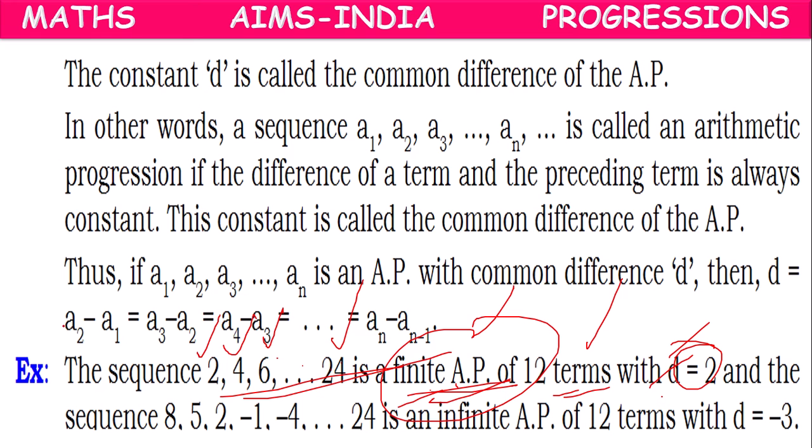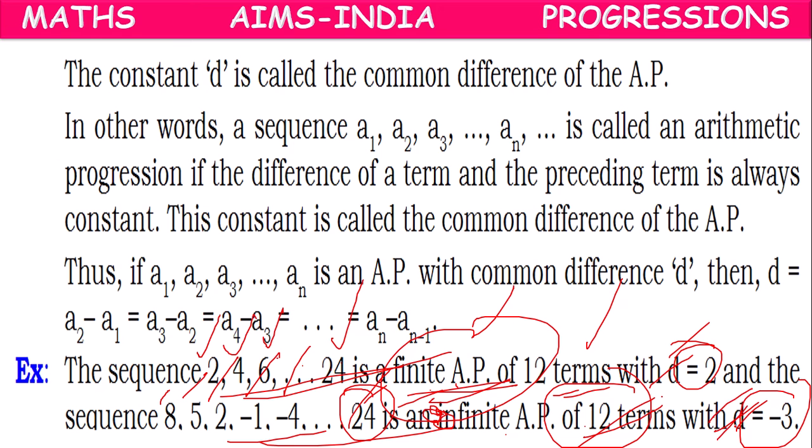And the sequence 8, 5, 2, minus 1, minus 4 up to 24 is also a finite AP because up to 24 they have given, a finite AP of 12 terms with a common difference of minus 3.